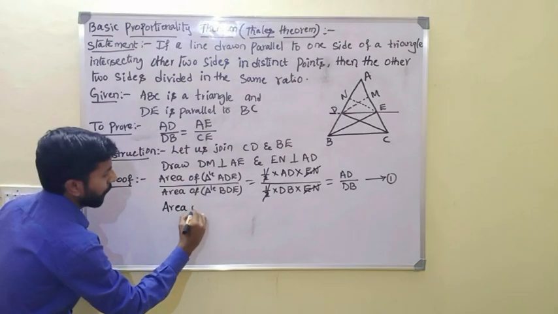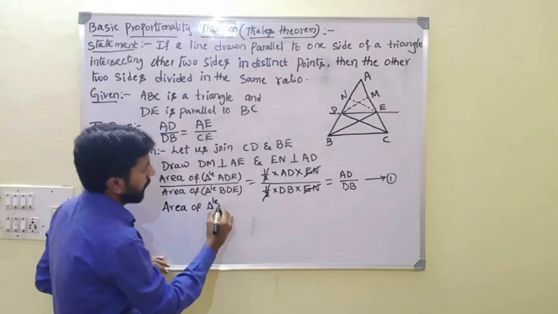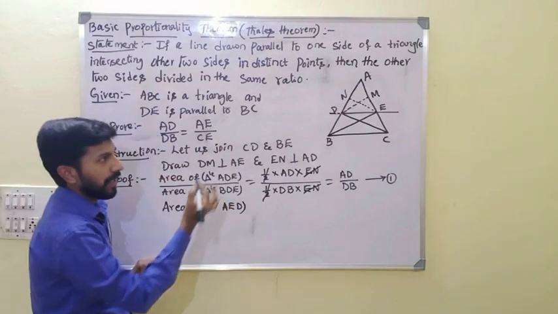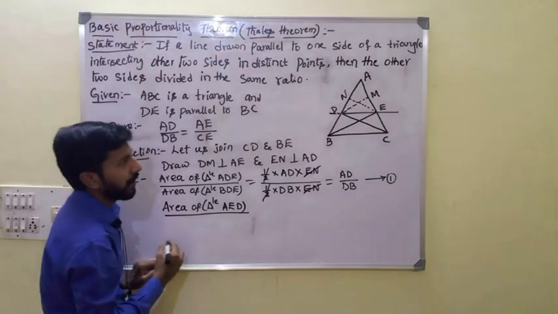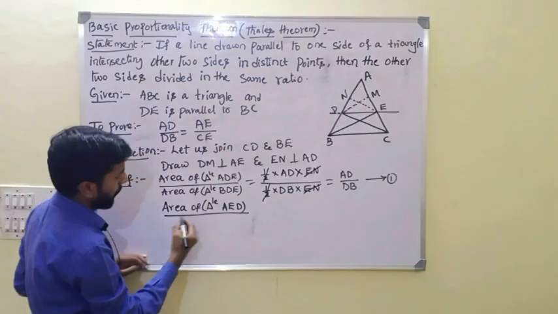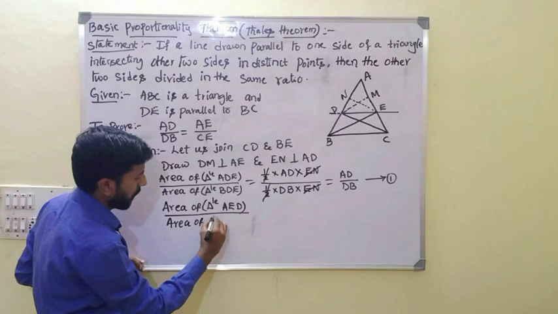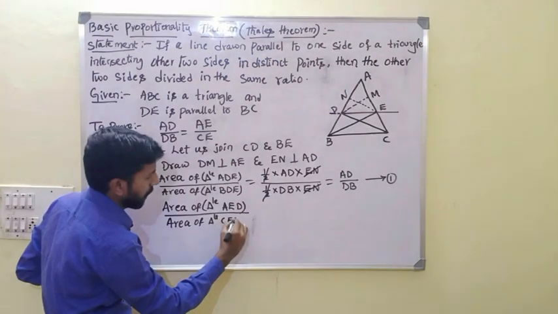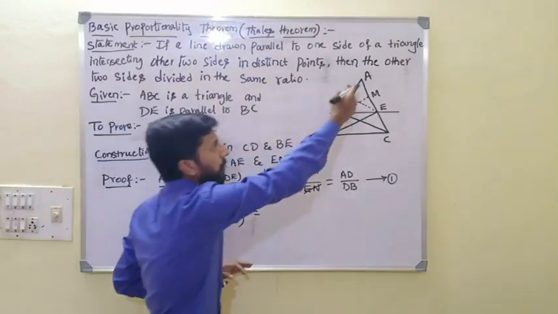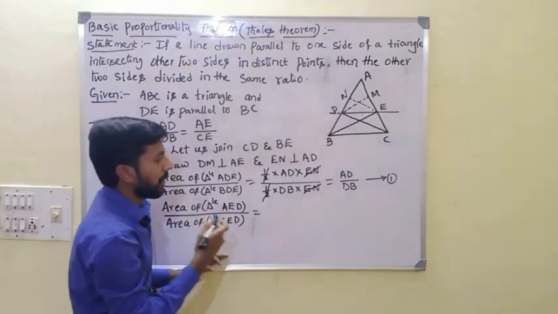Area of triangle AED divided by area of triangle CED. The area is half into base into height. Here the base is AE and the perpendicular height is DM.